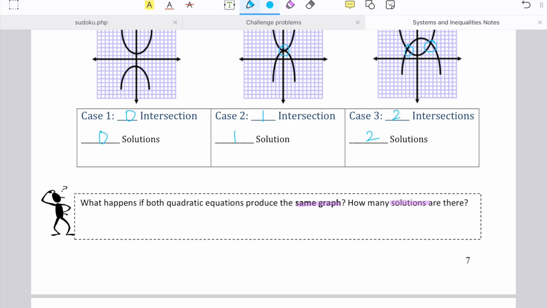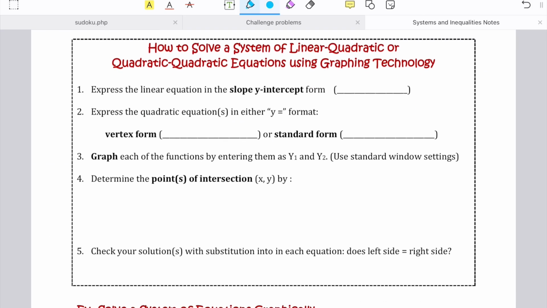Infinite. Yes, if it's the same graph, we'll have infinite solutions. Okay, a solution, on the graph, is the point of intersection. Good.